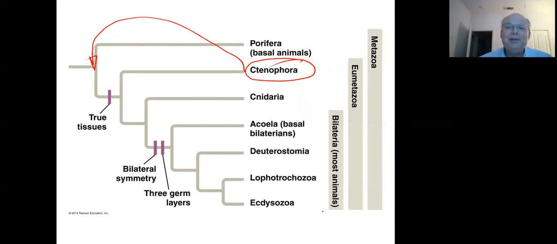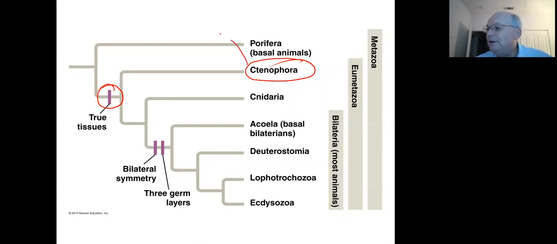The problem with that idea is that we would be placing a clade that contains true tissues more basal than a clade that has no tissues, because the porifera, the sponges, are partially characterized by the lack of true tissues. That creates an issue for this branch point that represents the origin of true tissues. If we put the ctenophorans back here, then we're going to have the origin of true tissues occurring at least twice.